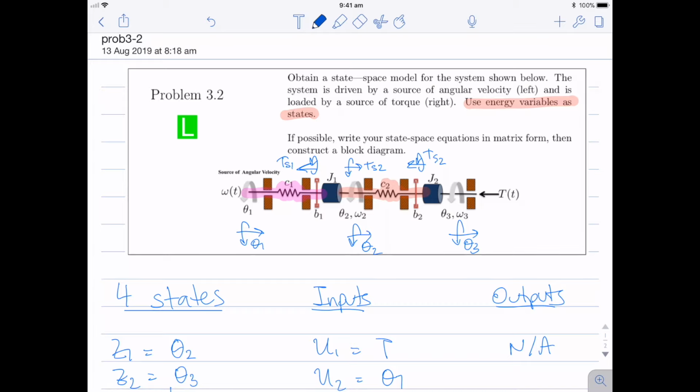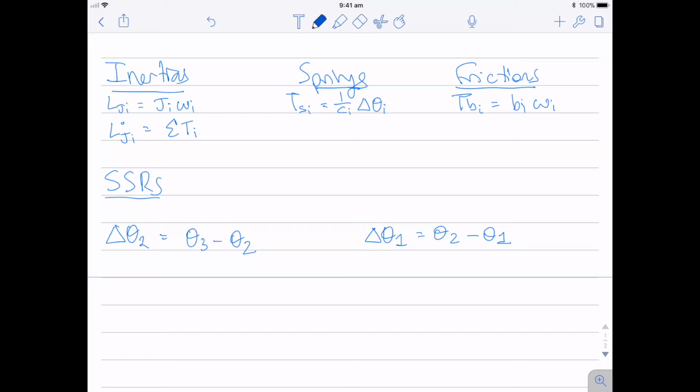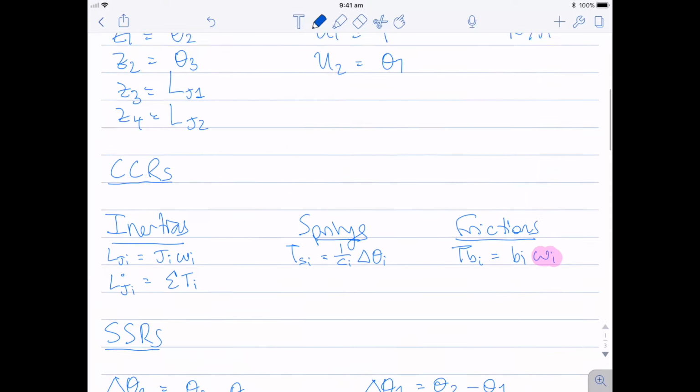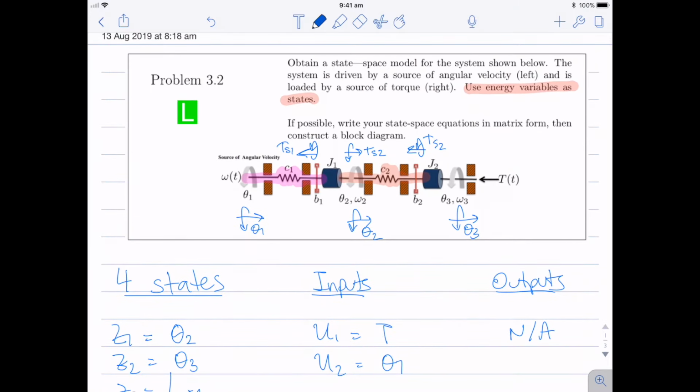Alright, now that we've defined those, we can think about what the omega i's for the frictions are going to be. This is just like defining our VRELs for dampers. So omega for friction 1, for B1, we're talking about omega for this friction just here. Well, that's just the omega of the shaft at that point.